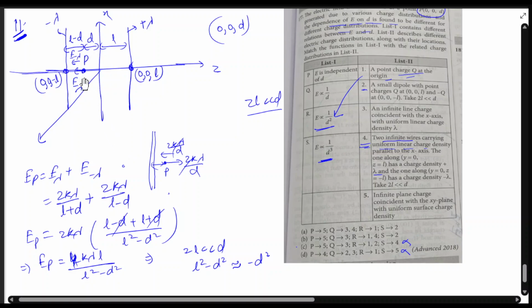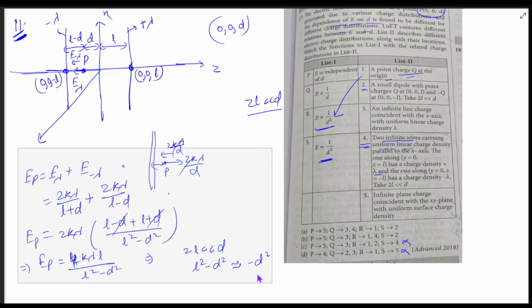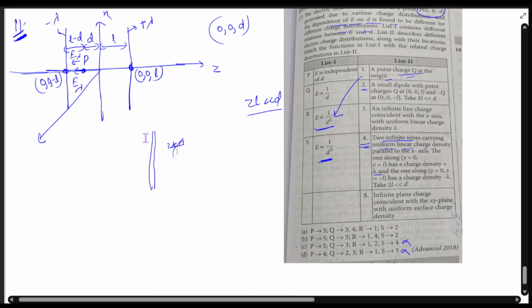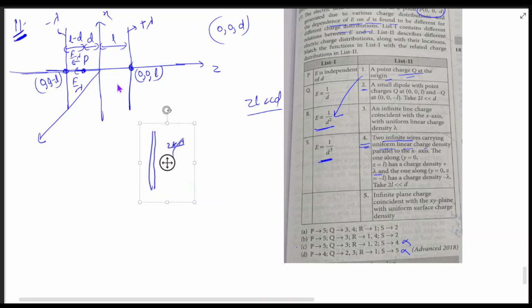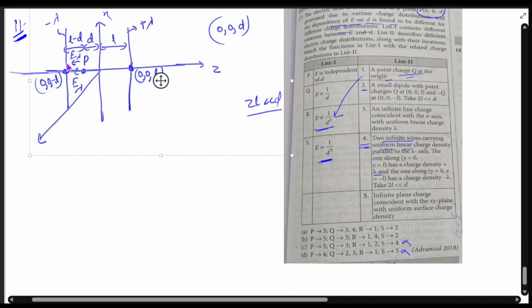Because in the middle we cannot take any point like this. Okay, if we cannot do it like this, let's just remove this. Let's solve for the point outside, right? Let's solve for the points outside.